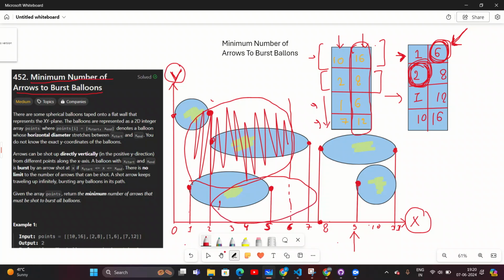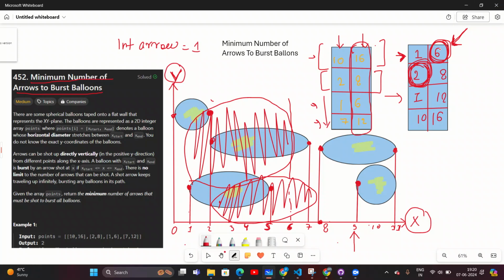Since the starting point of the upcoming balloon is less than the ending point of the previous balloon, it will definitely tell us that there is an intersection of these two balloons. So with a single arrow we can burst these two balloons. So we will initialize a variable, arrow, to 1.